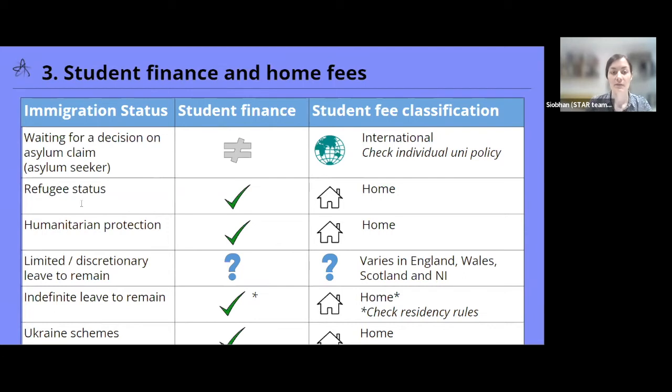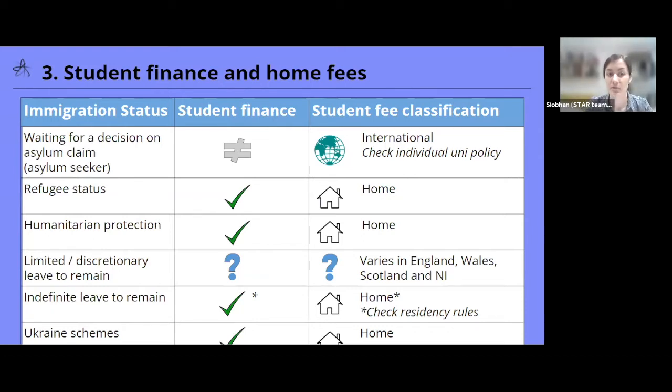If you have a status as the result of an asylum claim, you'll need to check exactly what that means for your eligibility. As a general rule, if you have been granted refugee status, so the 5-year leave to remain, then you are eligible for student finance and home fees from the period that you get that status. So immediately you are eligible as long as you remain resident in the UK.